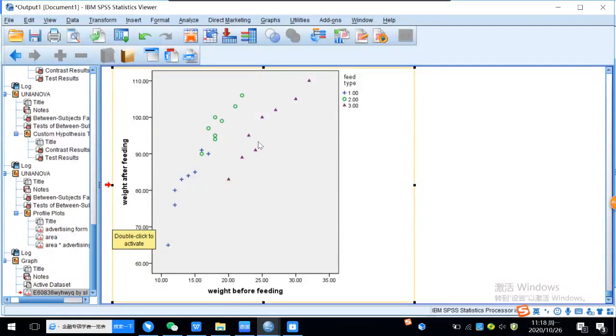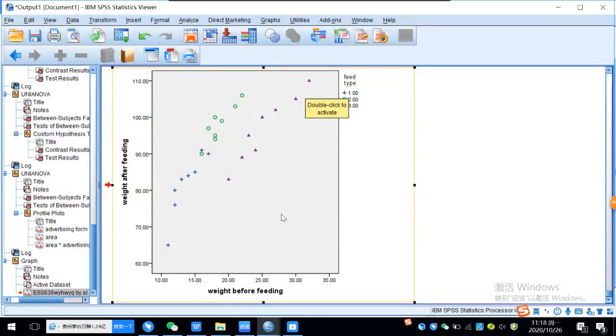So firstly, from the plot, you can say that for different feed types, the weight after feeding and the weight before feeding have a linear trend. Second, we can also see that the slopes of the lines for different feed types are very similar. Can you see the slope of this line and this line? They are very close.